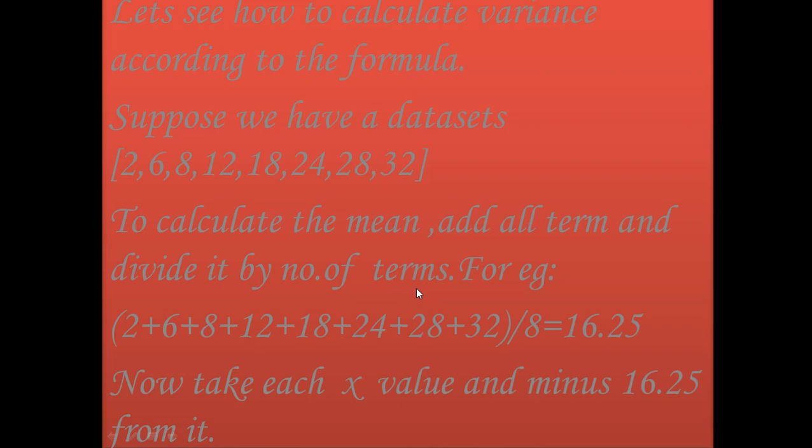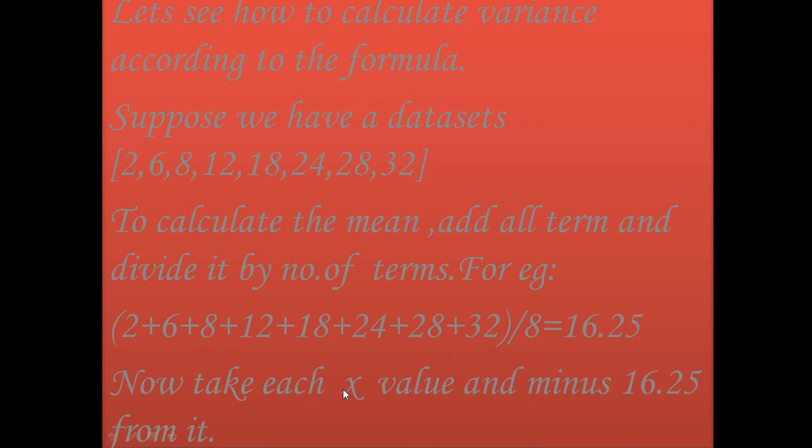All these terms will be added and divided by 8, which is the total number of terms. In that way, you will get 16.25. This 16.25 is the mean value of this array.